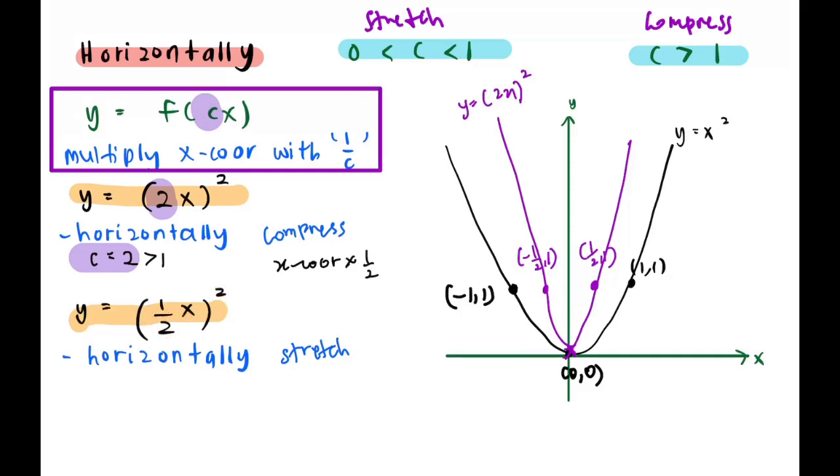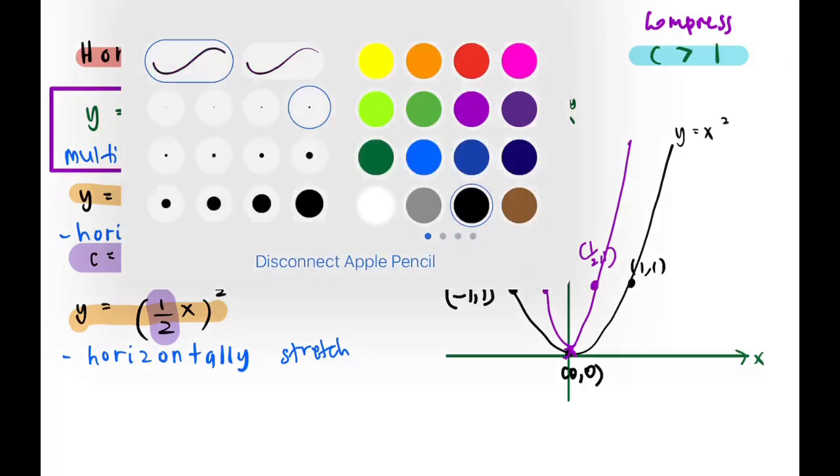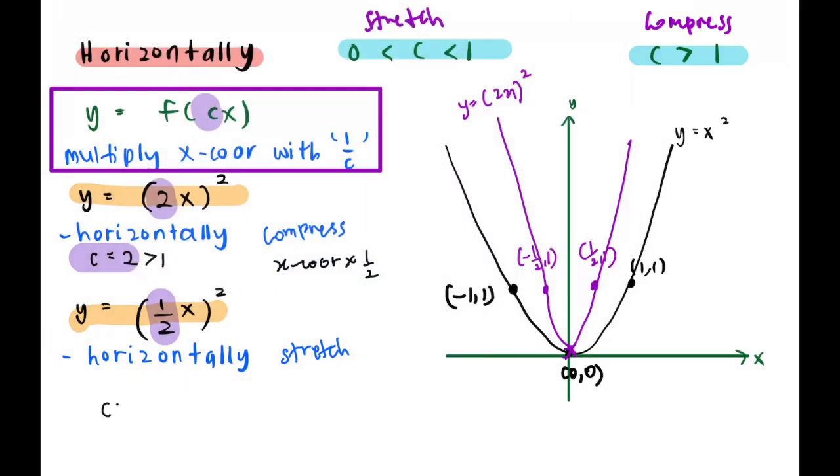So you can see that this half here is multiplied inside the function, attached to our x. So we know this is stretch or compress horizontally. Let's write the value of your c. Your c is equal to half, meaning that this is between 0 and 1, so this will be stretch horizontally.